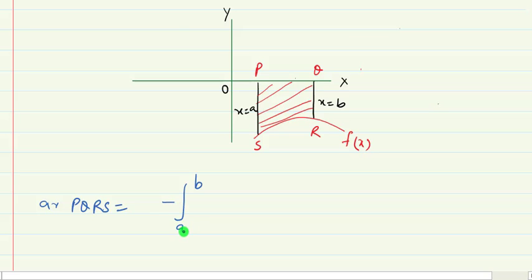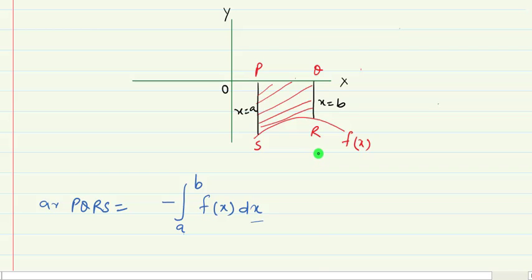Other things will remain the same, that is the limit from a to b, then the curve, and then dx. Why dx? Because again we are calculating area with x-axis. So a change of sign will appear when the area is lying below x-axis.